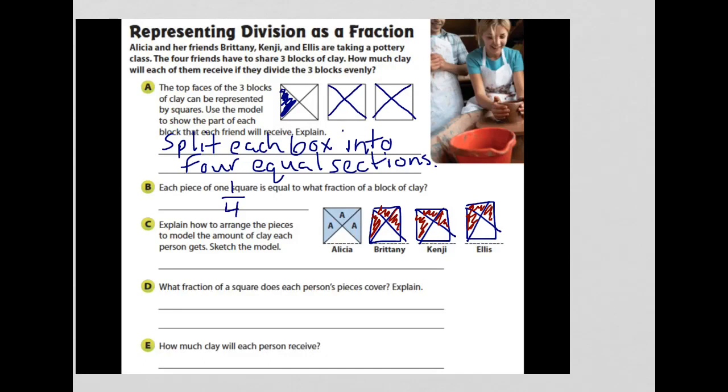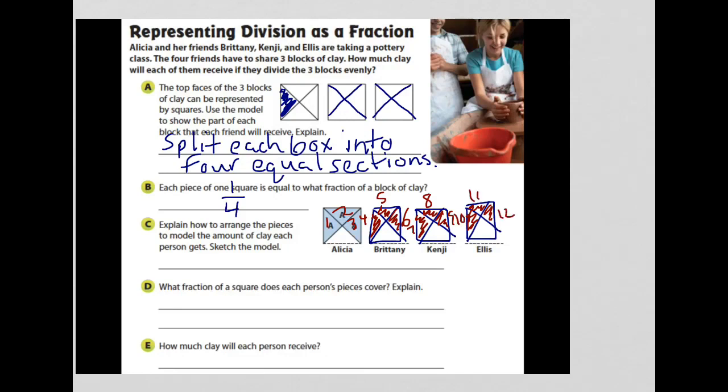If I've done this correctly, each person should get 3, and I should total these up to get 12 total sections, because we divided 3 blocks into 4 sections. And we know that 3 times 4 is 12. So I've got 1, 2, 3, 4, 5, 6, 7, 8, 9, and 10, 11, 12.